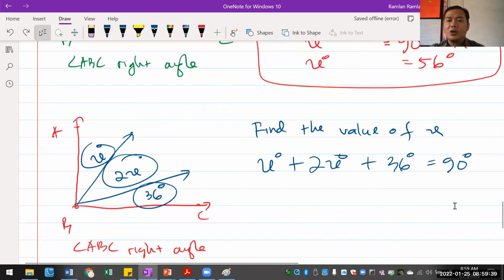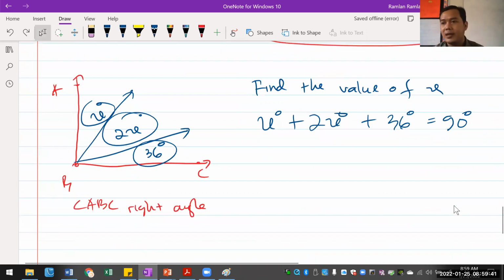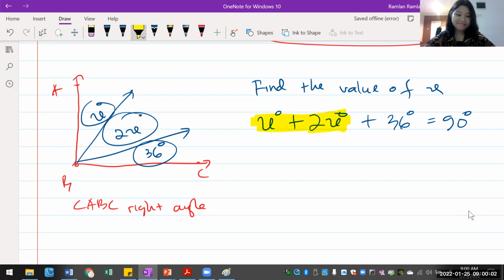So how can we find the value of x? Again, you have already learned algebra, and you know what like terms are. Is there anything that I can simplify? For example, the x and 2x. Can we combine that? What will happen if I combine these two? 3x. Yes, thank you, Sharon and Agnes.